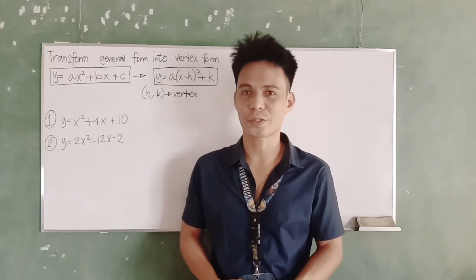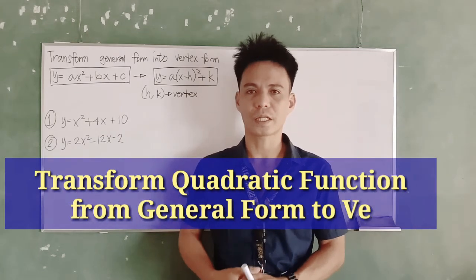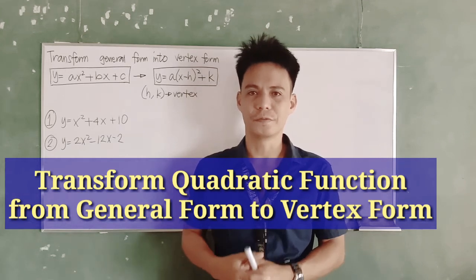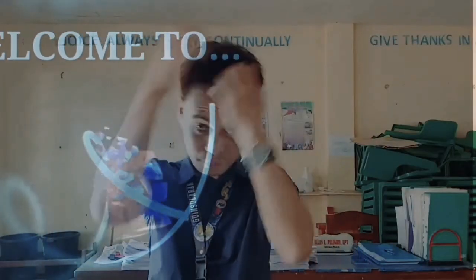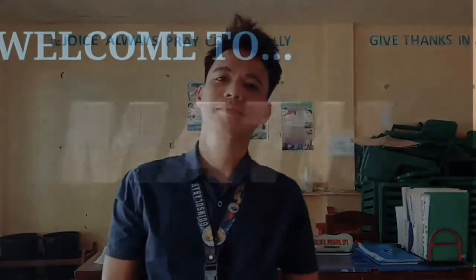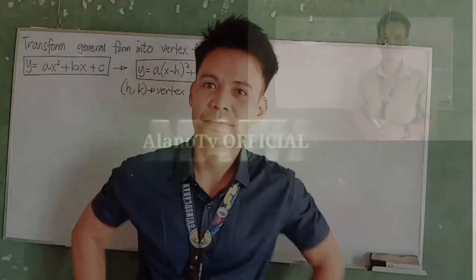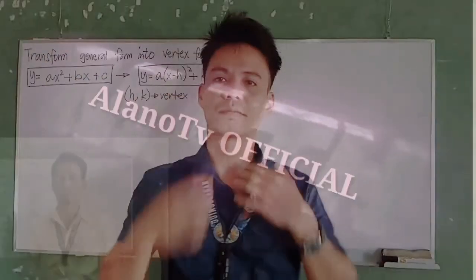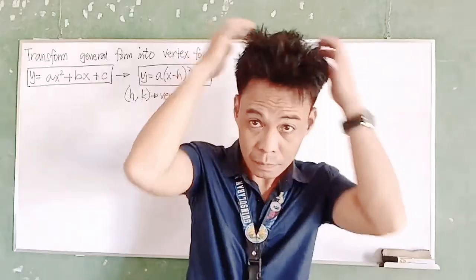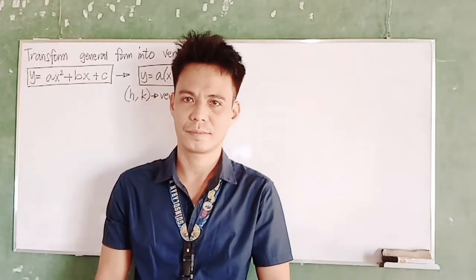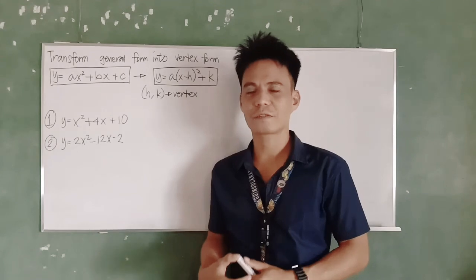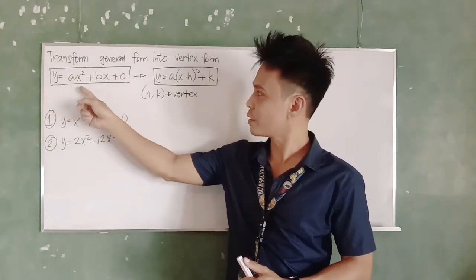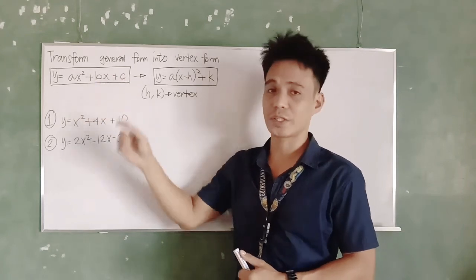And for today's lesson, we have transform quadratic function from general form into vertex form. So the general form of a quadratic function is y is equal to ax squared plus bx plus c.